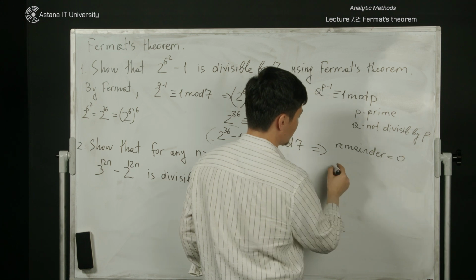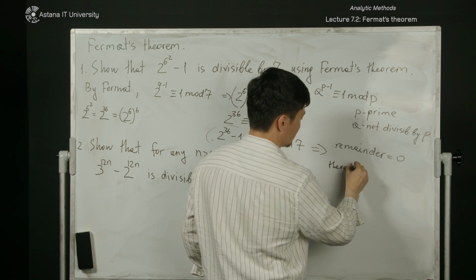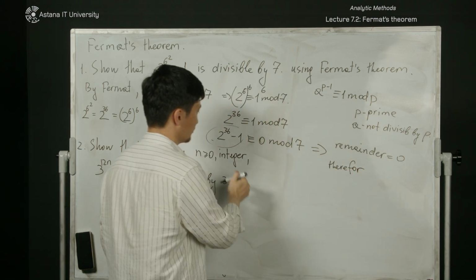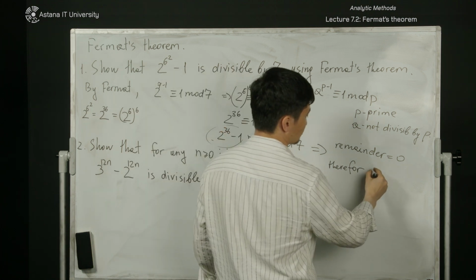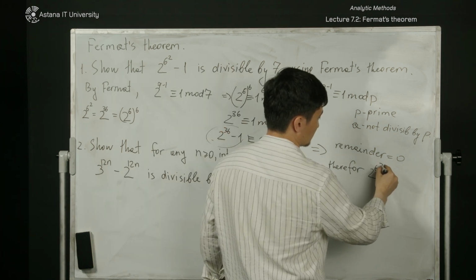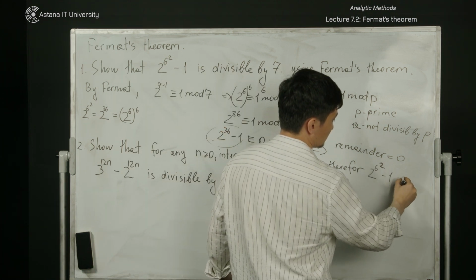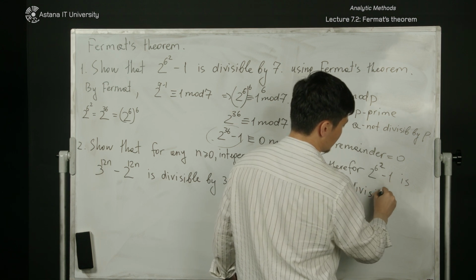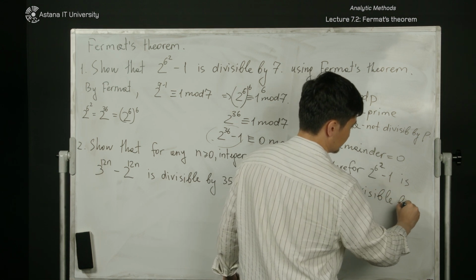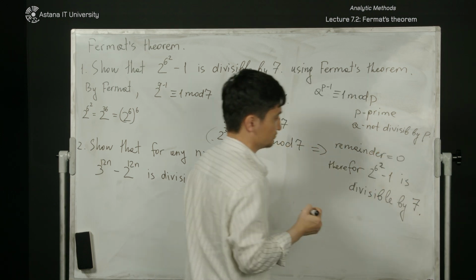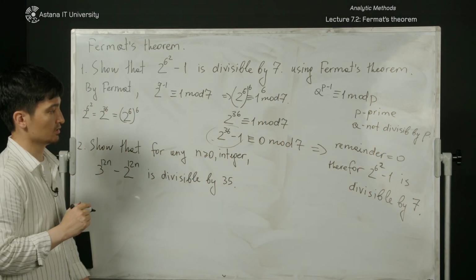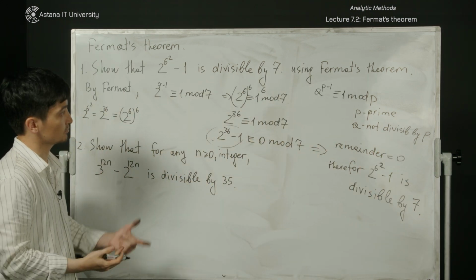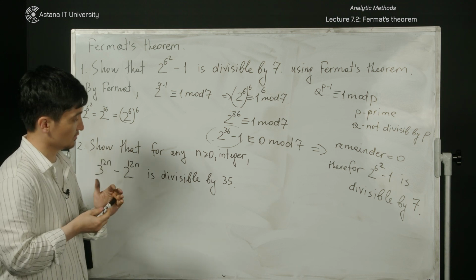Therefore, this expression is divisible by 7. So that's it basically. Okay, how you apply Fermat's theorem.